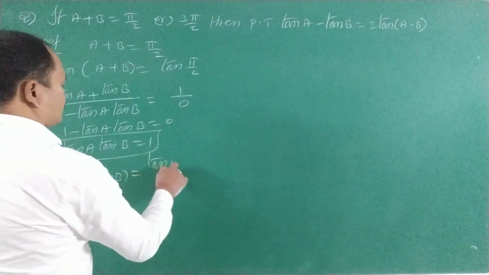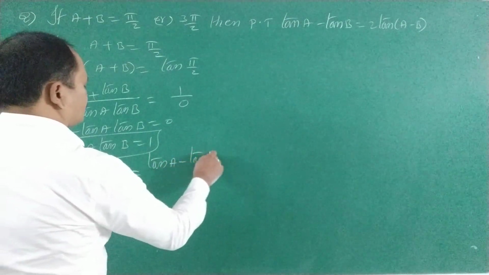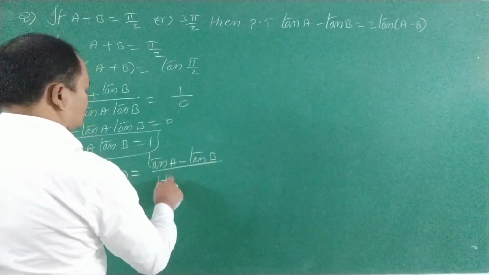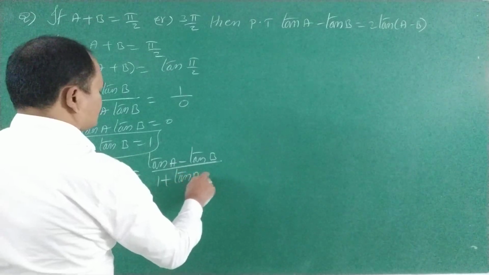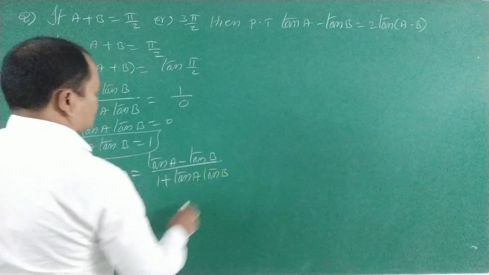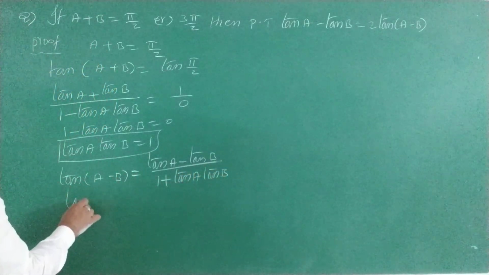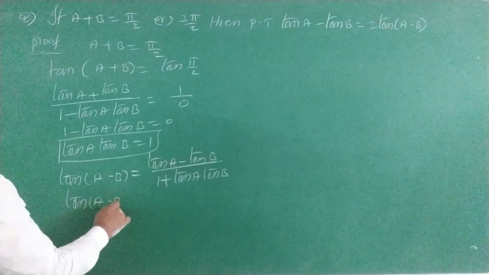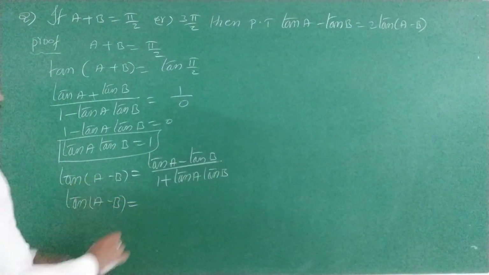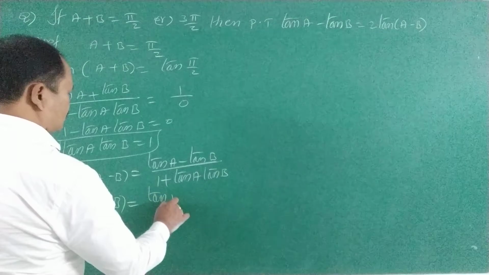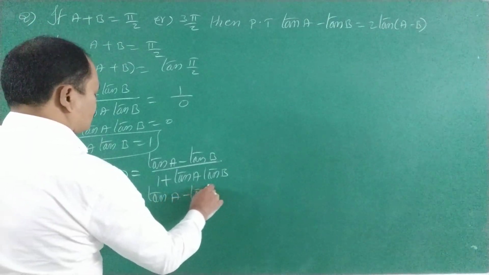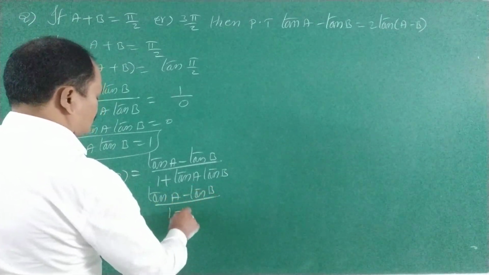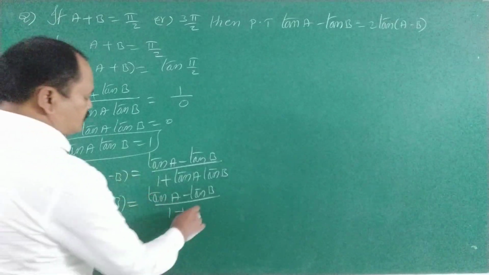It is (tan A minus tan B) by (1 plus tan A tan B). Now tan(A minus B) is equal to (tan A minus tan B) by (1 plus 1), since tan A tan B is 1.